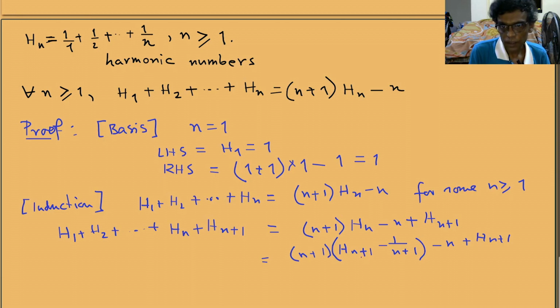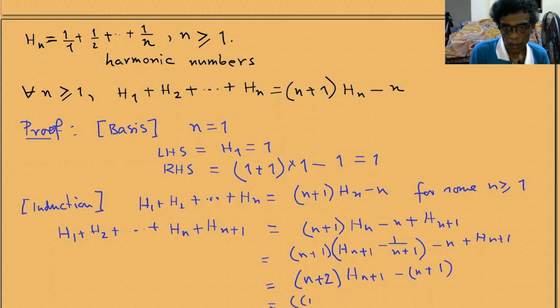Now if I club together all these occurrences of H(n+1), I will get (n plus 2) H(n+1). The n plus 1 and this n plus 1 cancel multiplicatively, giving minus 1, so minus (n plus 1). So this is nothing but (n plus 2) H(n+1) minus (n plus 1).